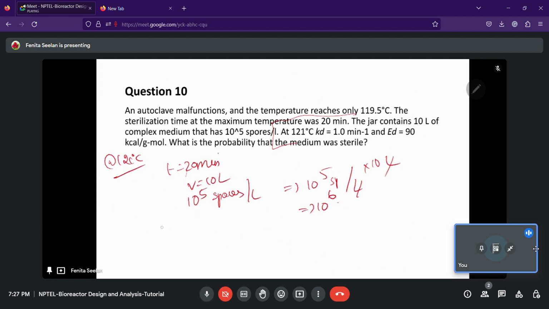Similar to your previous first problem, your del factor is Kd into t, where Kd at 121 degrees Celsius is 1 and t is 20 minutes, so it is 20. So your P naught of t is equal to 1 minus e power of minus Kd t N naught.